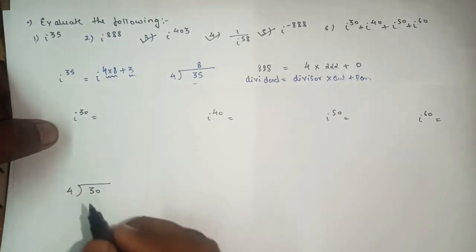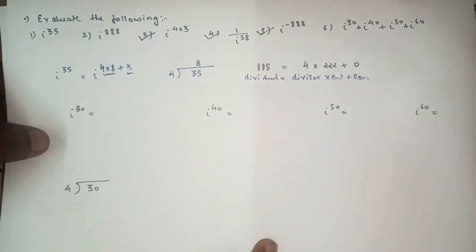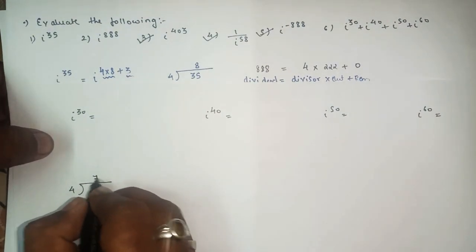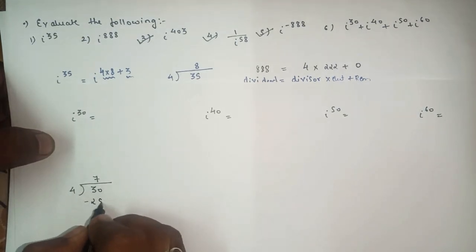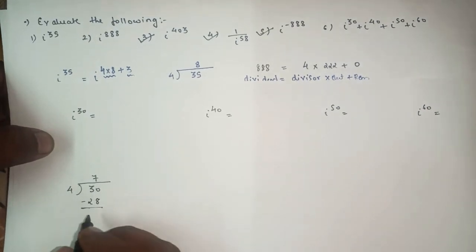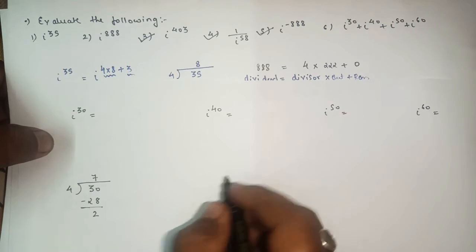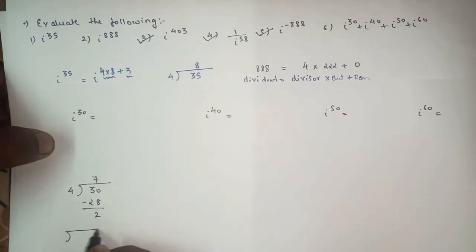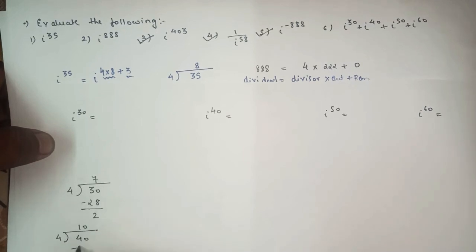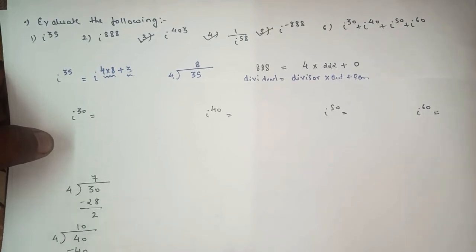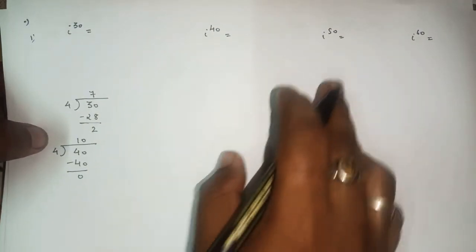Okay, so we'll find first i30. So 4 sevens are 28, yes or no? So you'll be left with what? 2. Then next, 4 tens are 40, so you'll be left with what? 0. The next is what? 50.